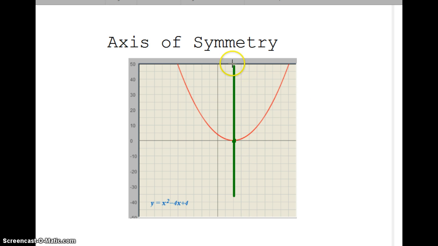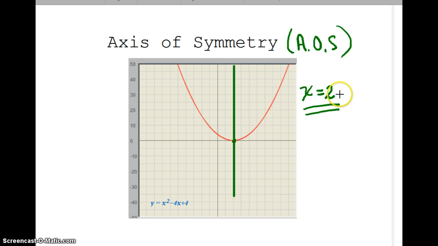Because it's a vertical line, it has an equation. We say the equation is x equals 2. So if I ask you for the axis of symmetry, I'm going to show you my shortcut nomenclature, AOS, I'm also asking you to write it as an equation, because it is a line, a vertical line, and we'll say that my axis of symmetry is x equals 2.